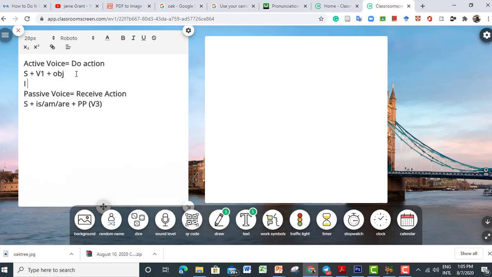For example, I eat mango. I is the subject, eat is verb 1, and mango is the object. Some verbs don't have an object, everyone. So can we change it into the passive form?